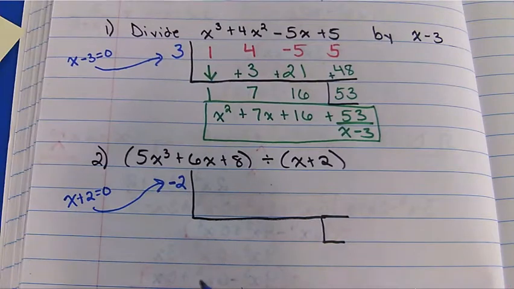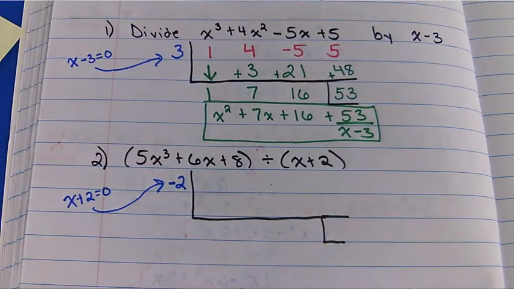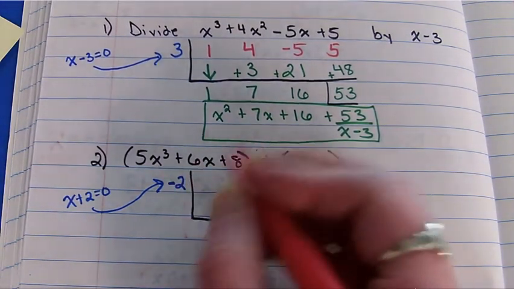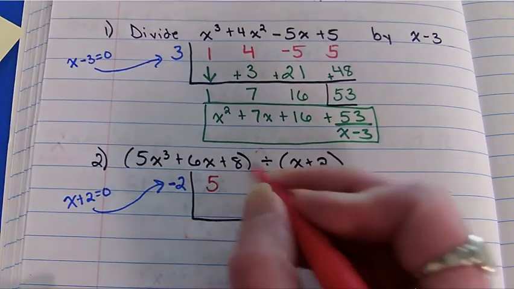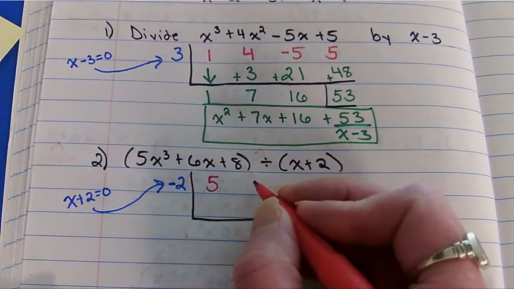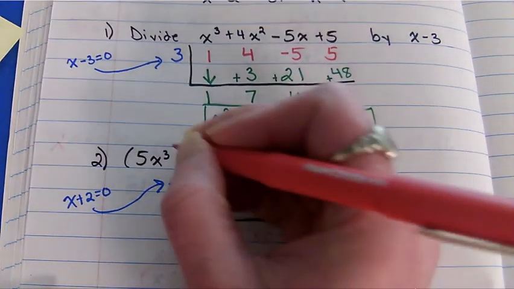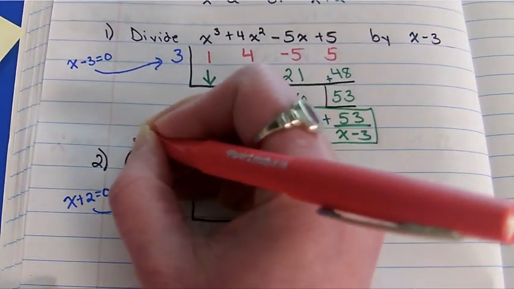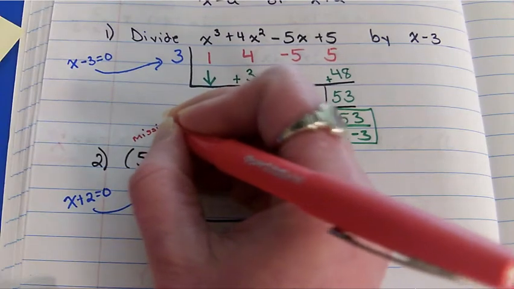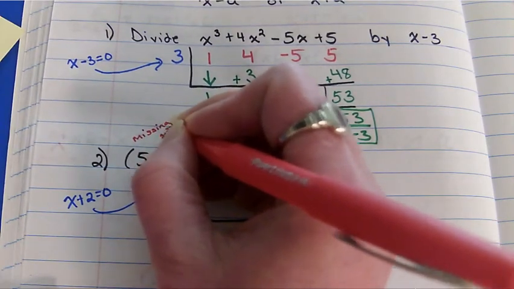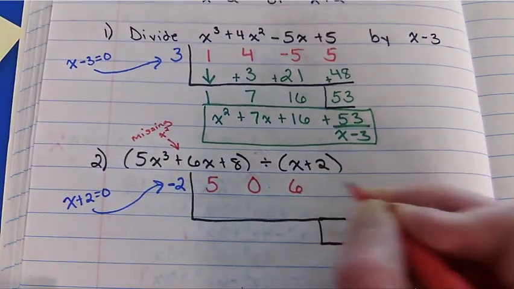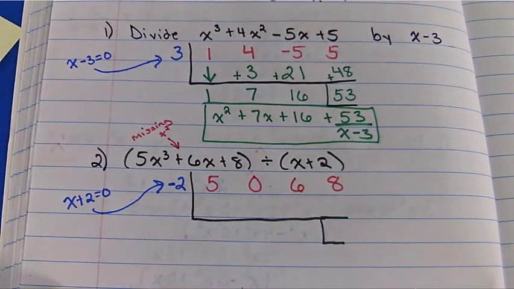Now I have to put my coefficients across the top. 5x cubed. Oh, the next one should be x squared, but I'm missing x squared. Then 6x plus 8.